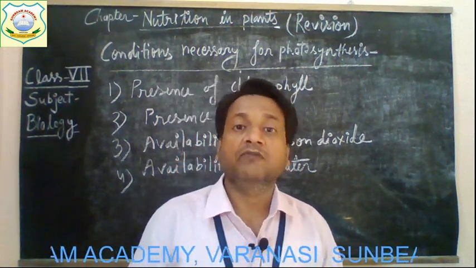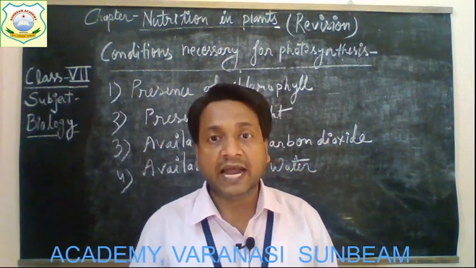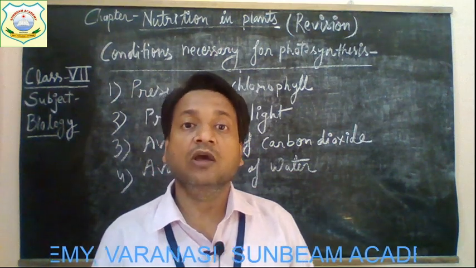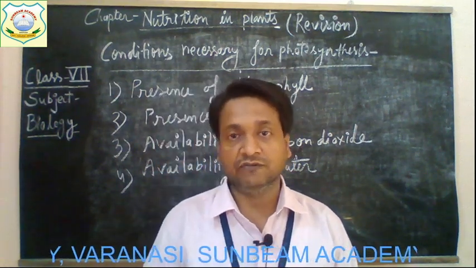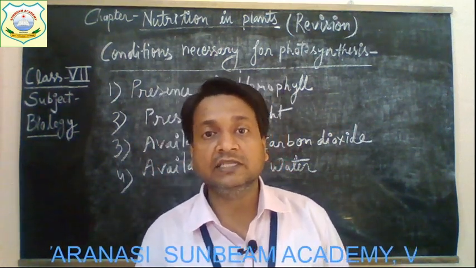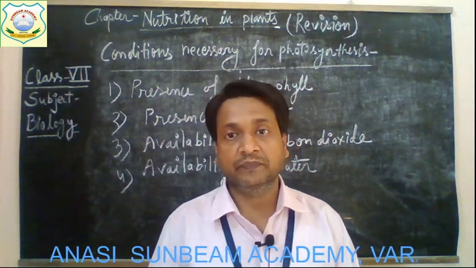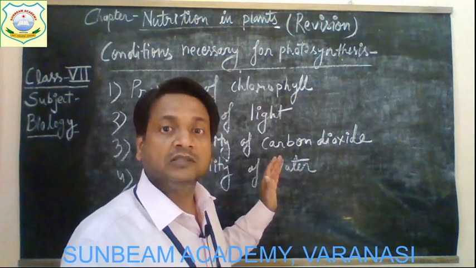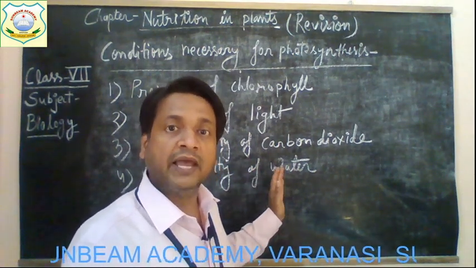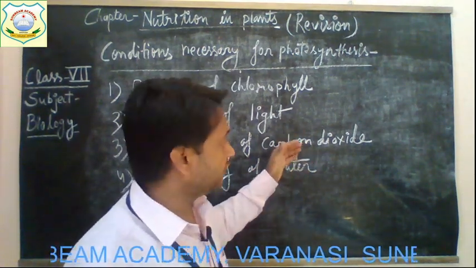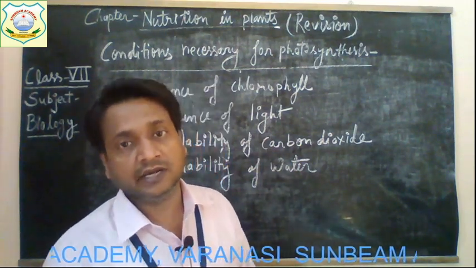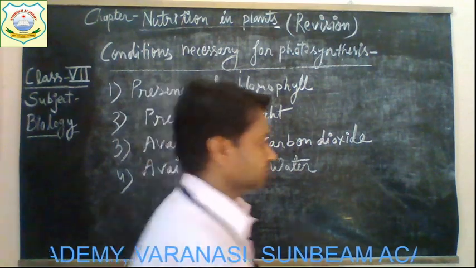So simply for this exchange, the plants have small openings which are present on the lower surface of the leaf, and these small openings are known as stomata. Okay, so I'm going to draw the structure of the stomata by which this exchange of carbon dioxide, oxygen and the excess water takes place. Get it?